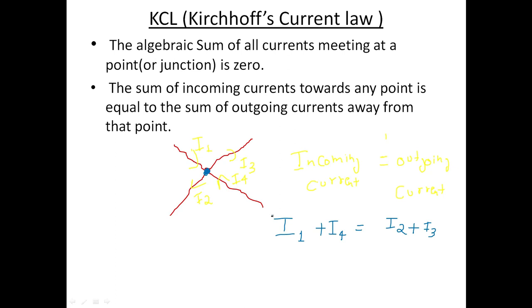So KCL states that the incoming current is equal to the outgoing current, or the algebraic sum of all these currents, that is I1 plus I4 minus I2 minus I3, is equal to 0. So the algebraic sum of all the currents meeting at a point is equal to 0.